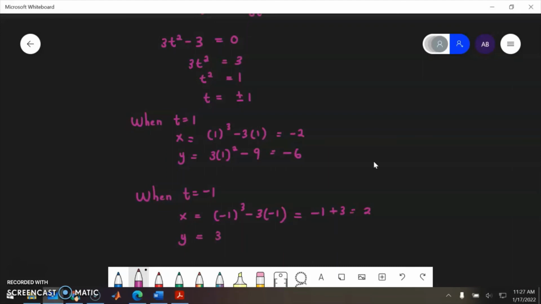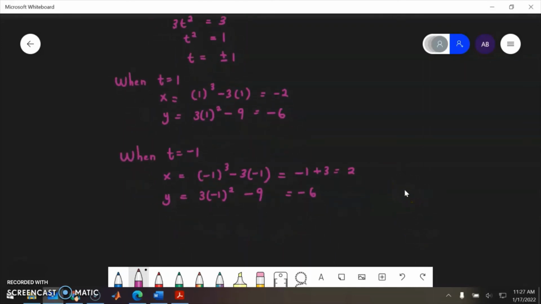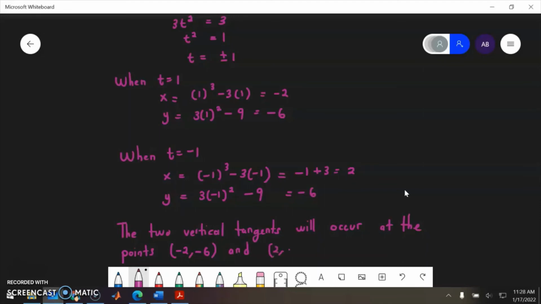And y will be 3 times negative 1 squared minus 9, which is the same as above, minus 6. So the two vertical tangents will occur at the points (-2, -6) and (2, -6).